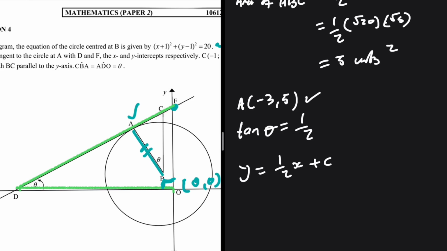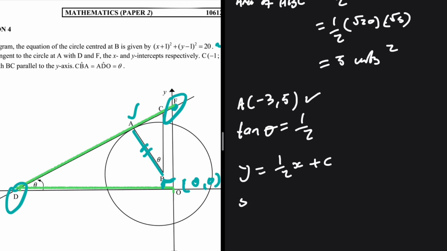So if I substitute A, I shall get the equation of that line. And after I get the equation of that line, I will be able to find D, and I will be able to find F. And in finding D and F, that will give me the distance of OD and the distance of OF with quite ease, because we have straight lines there. So the distance should be easy to calculate without the help of the distance formula, right?